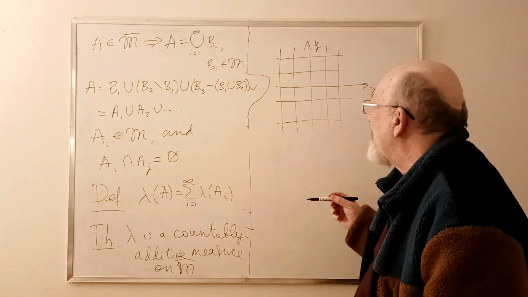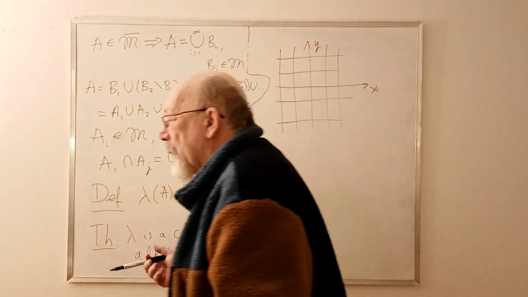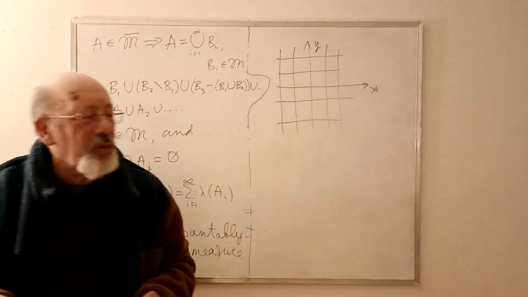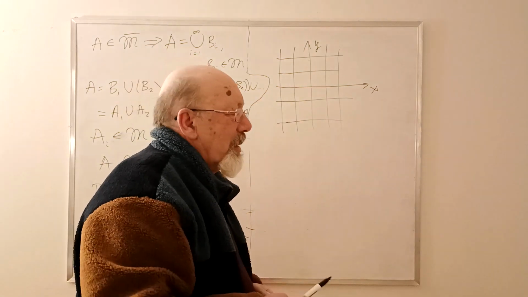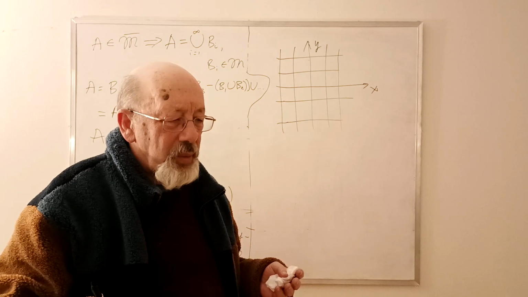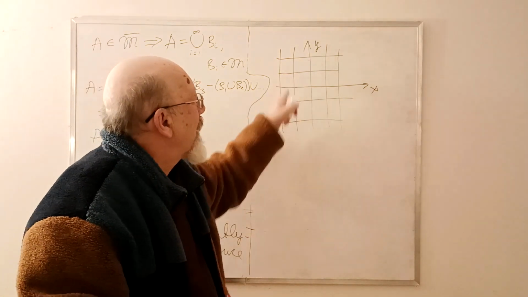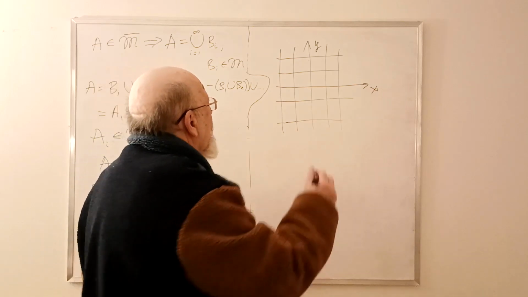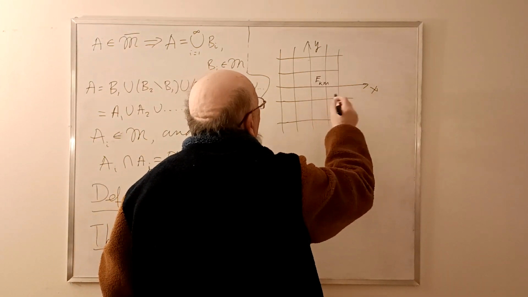If you have a set which does not fit in one of these squares, we divide it into parts, its intersections with each square, and define the two-dimensional measure of this set as the sum of the measures of these parts.